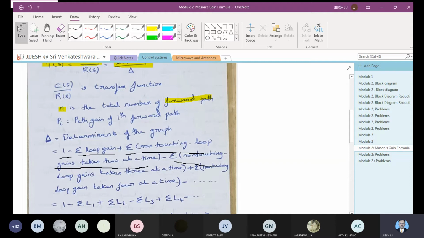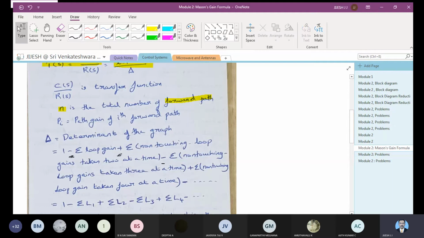So let us go back and see what it is exactly. You can see that it is 1 minus, then plus here, then minus and plus, like that it will go. You should understand that.